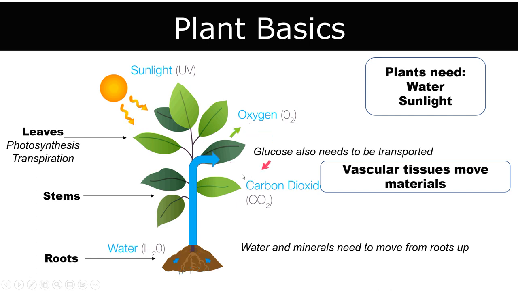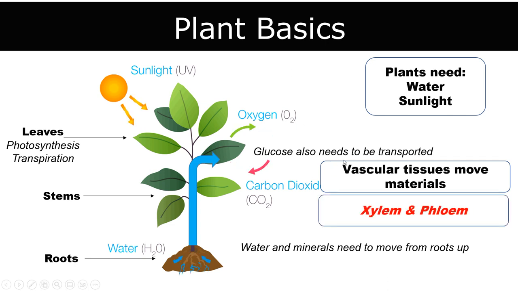And so, just like humans have a vascular system in order to transport water and nutrients around our body, plants also have an analogous vascular tissue system to transport their water and their sugar to the different cells in the plant tissue. So that vascular tissue has special names, xylem and phloem.